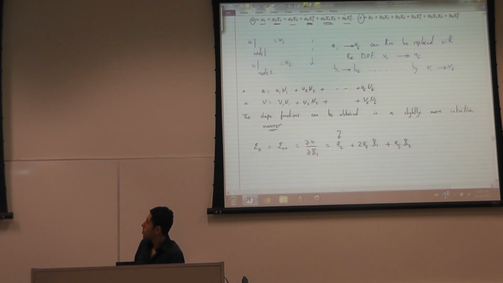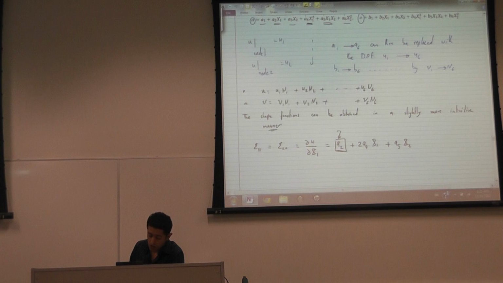What this tells me is that this element, if I have the right values for the constants, can model constant strain. If this element is under constant strain, then a2 will have a value.